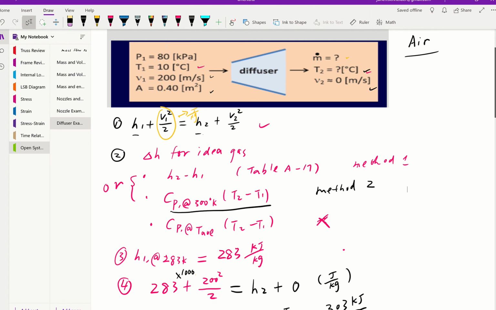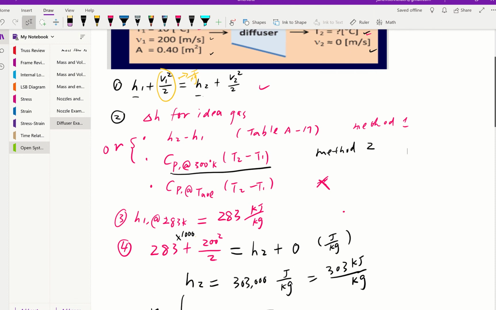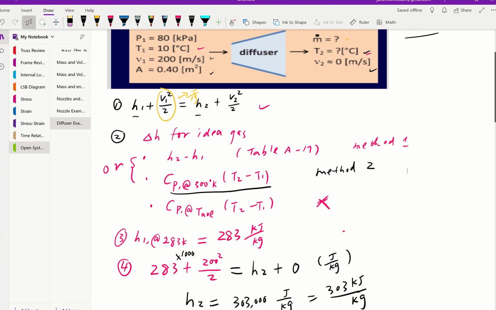We get the same results. Also this problem helps us review the mass flow rate concept and the volume flow rate concept once again.